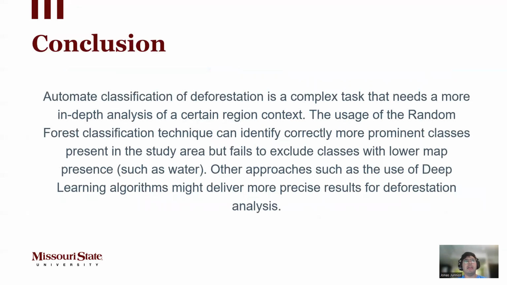And the conclusion that we can get from this is that deforestation classification is a really complex task and needs a more in-depth analysis of the context of the region, right? So the random forest does identify classes pretty well, but there are other classification methods that might be able to identify it better, such as deep learning algorithms.